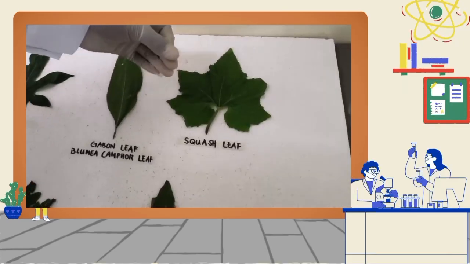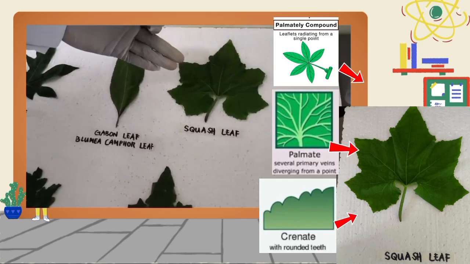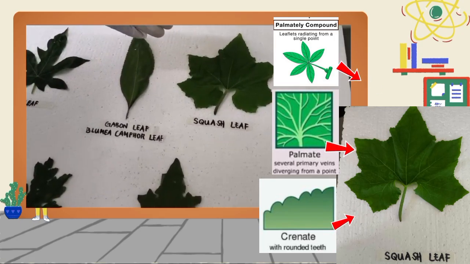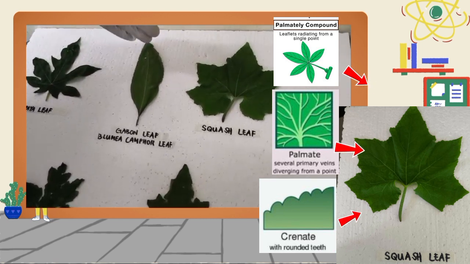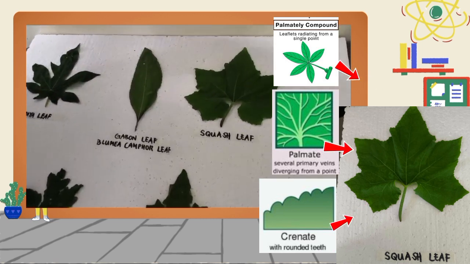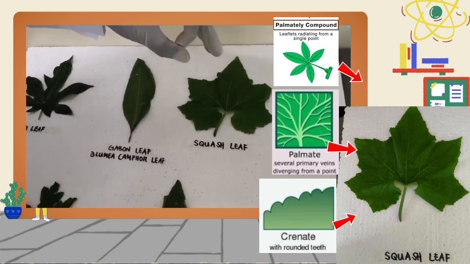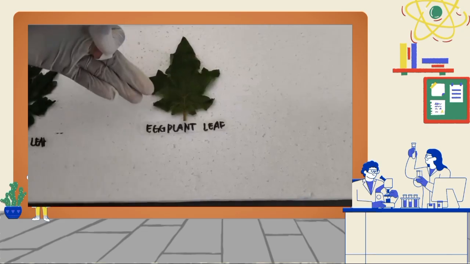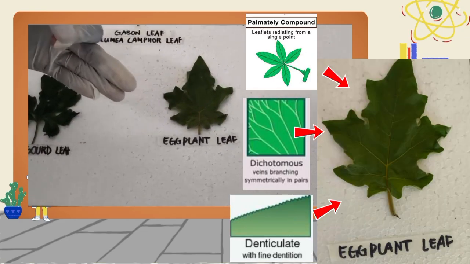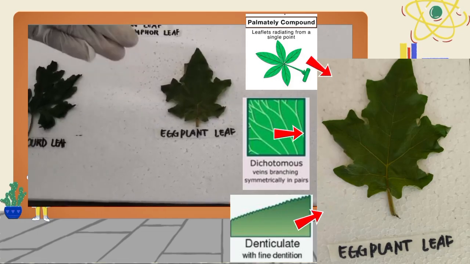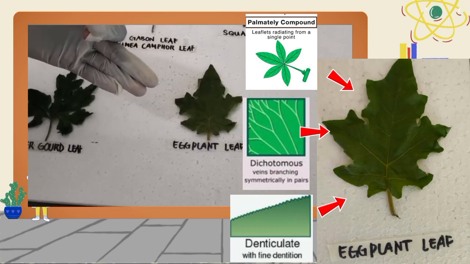The third one is the squash leaf. It has a leaf type of palmately compound, the venation is palmate, the margin is crenate, and the color is light green, with a smooth part on some portions of this specimen. The fourth one is the eggplant. Eggplant has a leaf type of palmate compound, a venation of dichotomous, and the margin is denticulate.